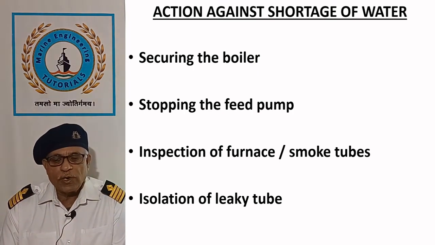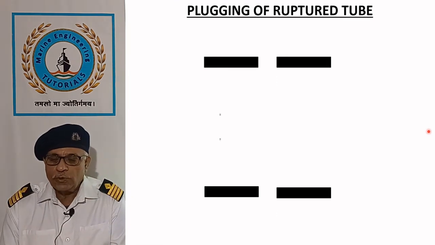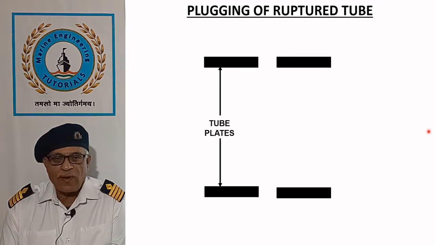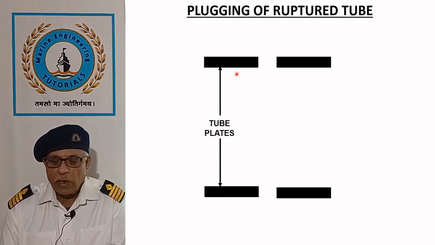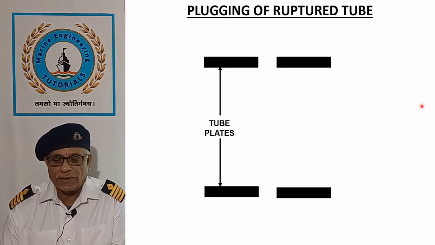Plugging of ruptured tube. This slide explains the method of tube attachment and its isolation. The sketch shows tube plates which may be flat or cylindrical. Tube plates of auxiliary water tube boilers on motor ships may be flat, but large capacity boilers have cylindrical tube plates.